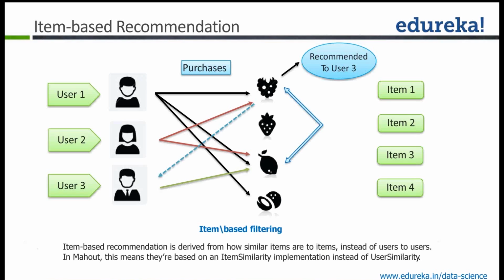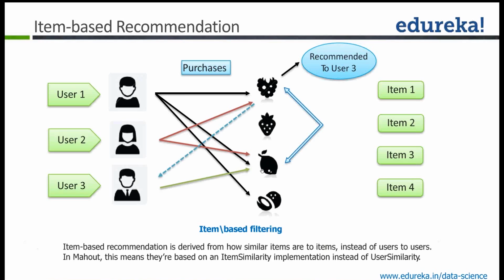That's a similarity matrix. Now I know that user 3 already bought fruit number 3. By looking at the similarity of that particular fruit with all the other fruits, I can get a top list of choices for making recommendations. Let's say fruit number 3 is very close to fruit number 2, probably a strawberry here.